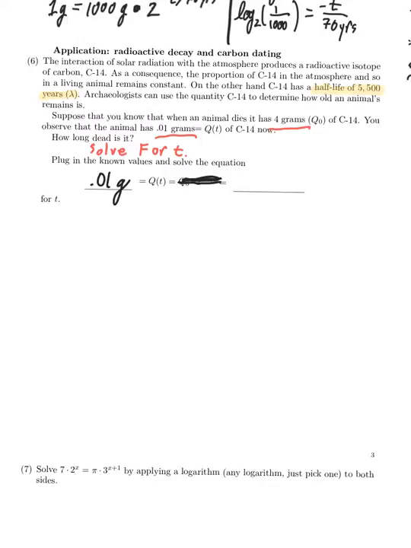I'll correct it in the version before it goes online. So that will be, let's just write everything out, 4 grams times 2 to the negative t, which I would like to solve for, divided by lambda.